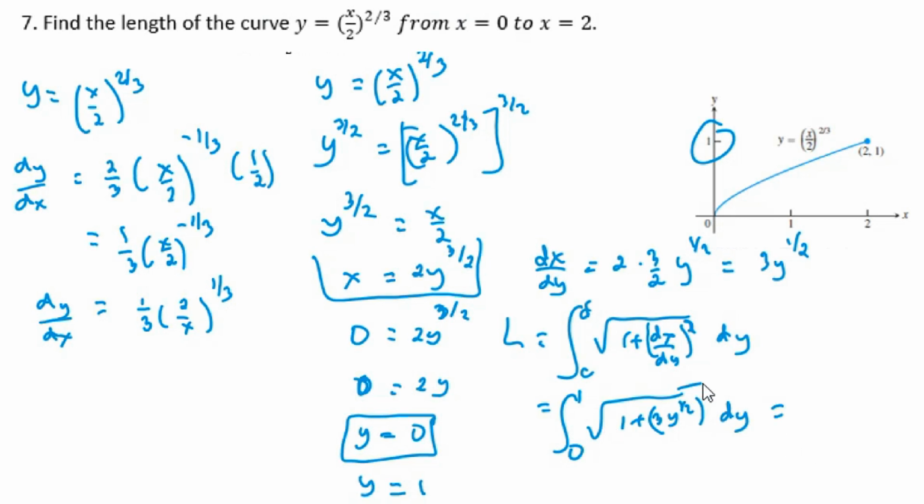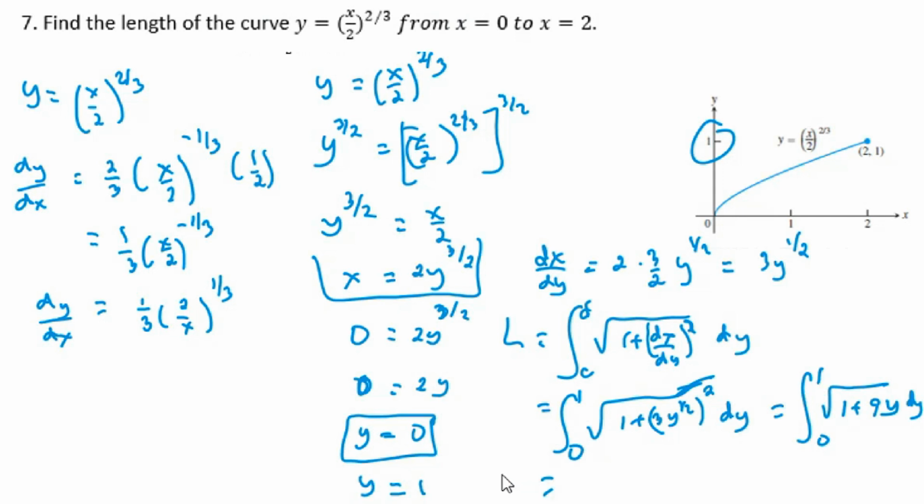I forgot here, we still need the power of 2. So this is the integral of the square root of 1 plus the square of 3y to the power of 1/2, which is 9y, dy from 0 to 1.